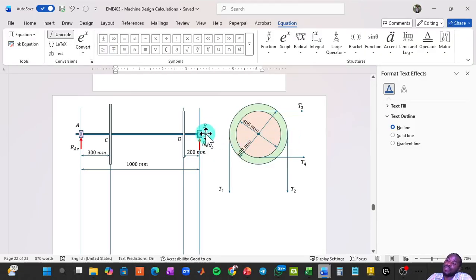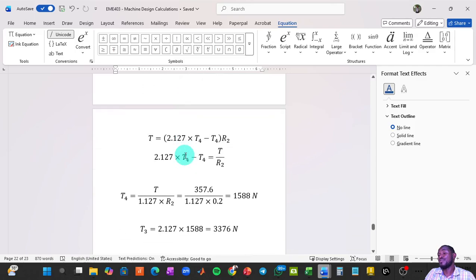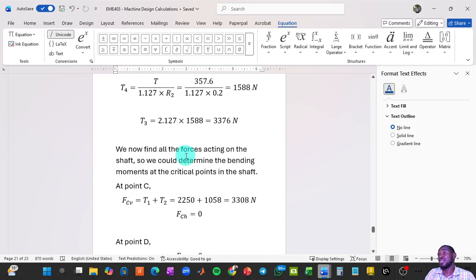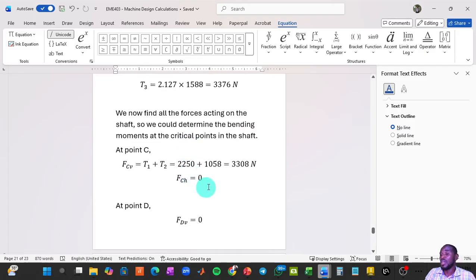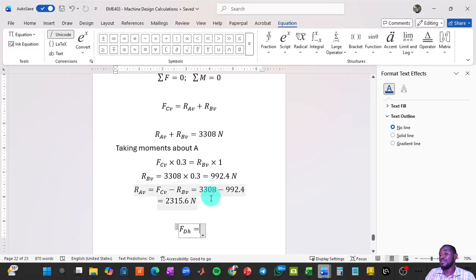And the reaction at point B will be significantly higher than that at point A because the pulley at point D is closer to B than A. And you could have seen that also in the vertical one, because the pulley is closer to A than B, RA is bigger than RB.